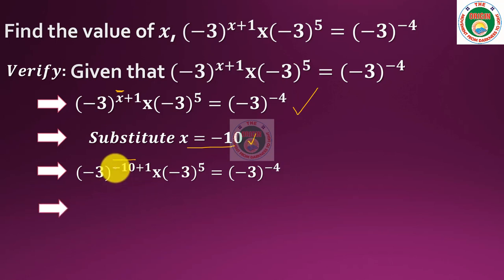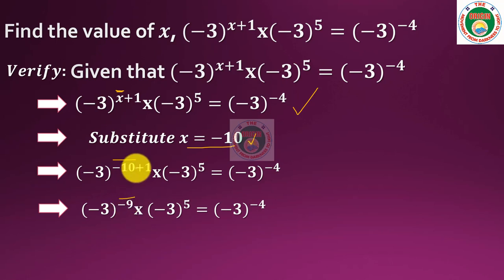Now simplify. -10 + 1 is -9. The two numbers have opposite signs, so you should subtract: 10 - 1 = 9. The resultant takes the sign of the greater number. 10 and 1, what is the greater number? 10. What is its sign? Minus.